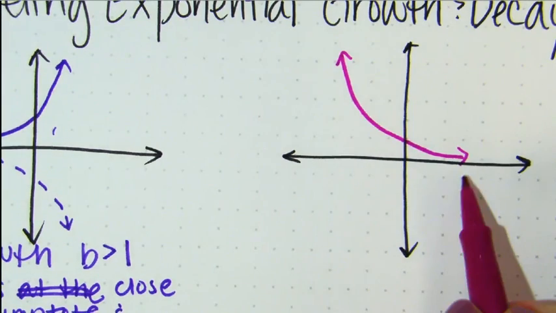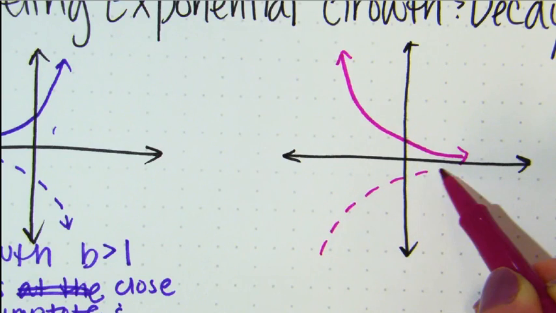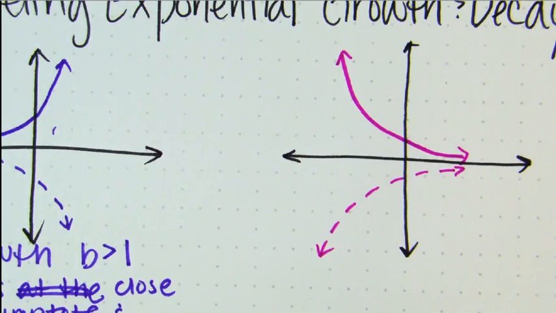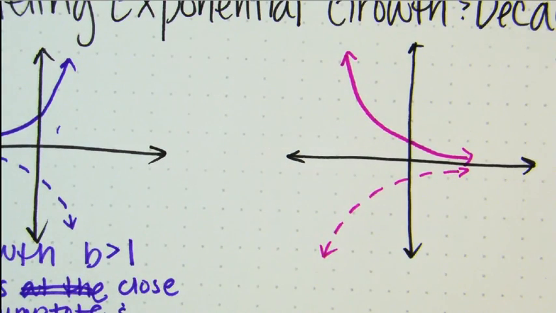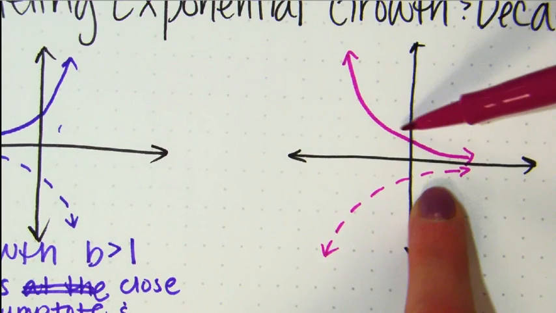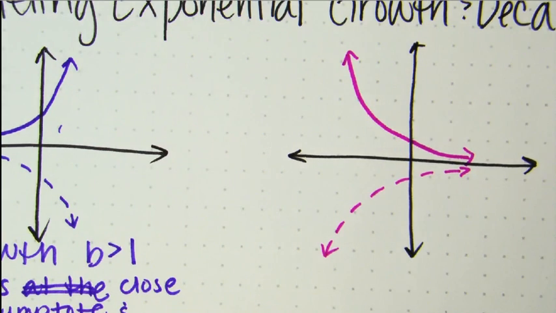And then same thing down below. Starts away from the asymptote and moves closer to it. That would be decay. If you think about the graphs, as time goes on, it's getting closer to zero, either direction. That's a decay.